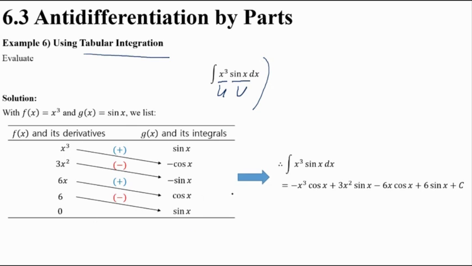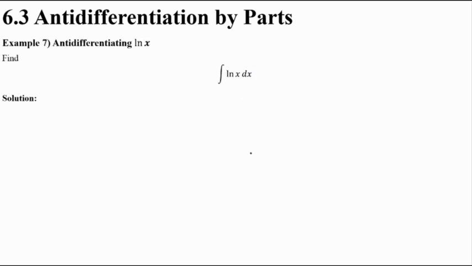Okay. Alright, other one. ln x. It looks like 1. We're also going to use the parts method. Imagine ln x times 1, which means u will be ln x, dv will be just 1 times dx, simply, right?